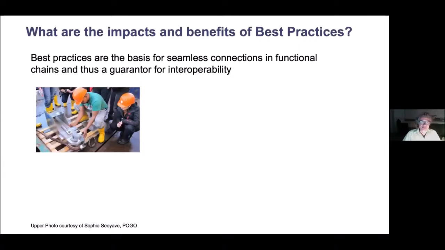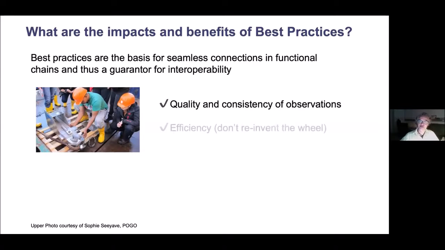So why are we interested in best practices? What is the impact, the benefit of having best practices? They are the basis for a seamless connection in functional chains, for example, the ocean observing value chain. They are therefore a guarantor for interoperability all along that chain. And they have a number of attributes. Quality and consistency of observations is what best practices ensure.